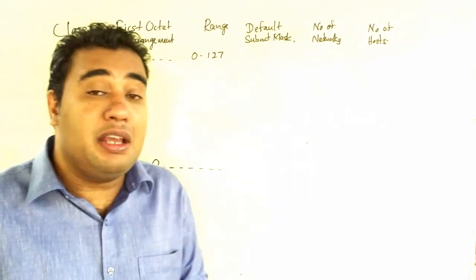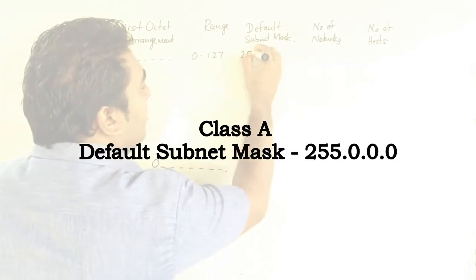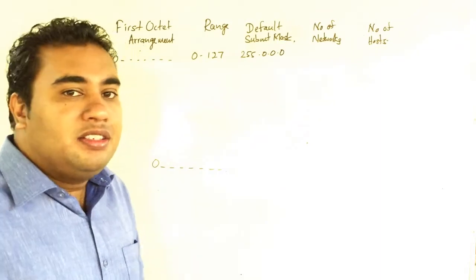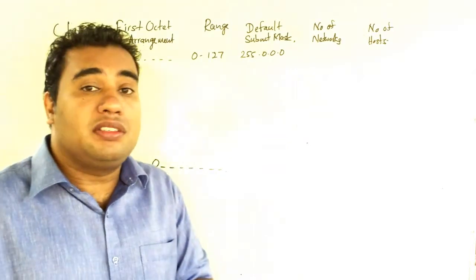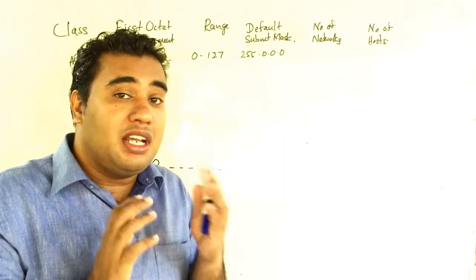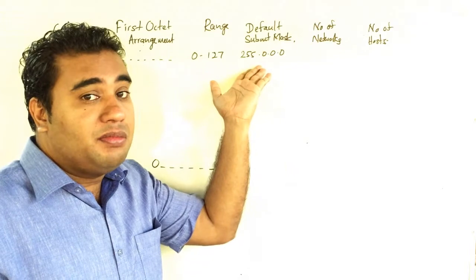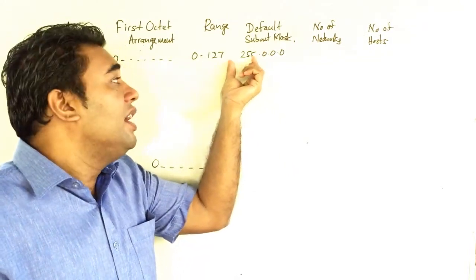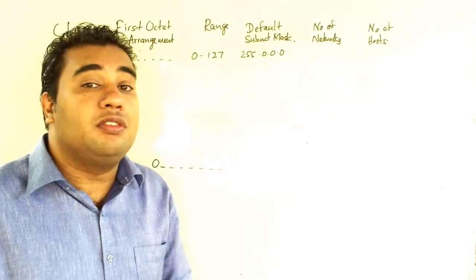For the class A IPs, the default subnet mask will be 255.0.0.0. So how many networks are there? We know that we identify the network portion of an IP address using the subnet mask. When you consider the default subnet mask, the network portion comes only within the first octet, because we have 255, then three octets of zeros.